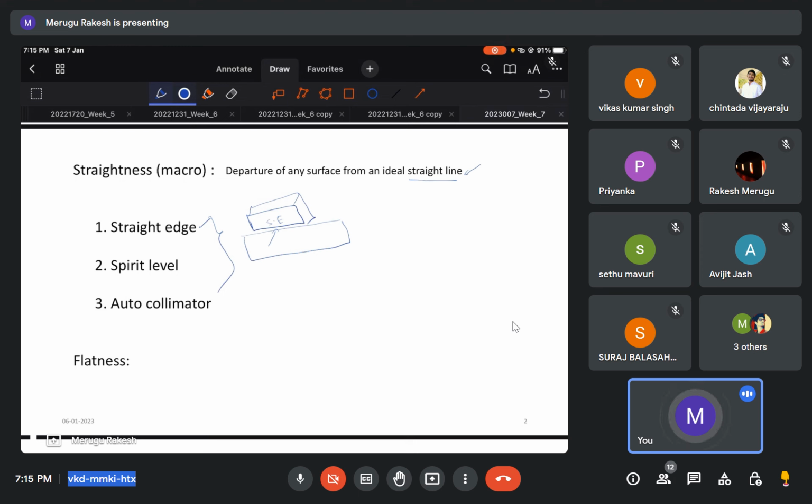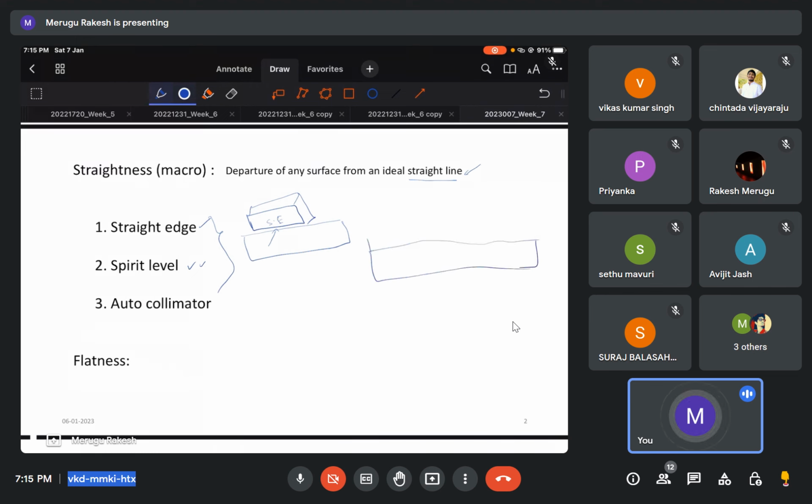Then the spirit level, you might know. It is just one bubble in some liquid, and we place it on the surface. Suppose I have a surface like this.